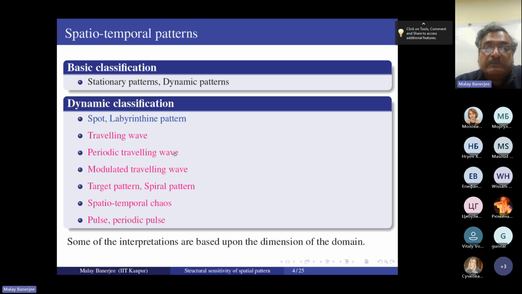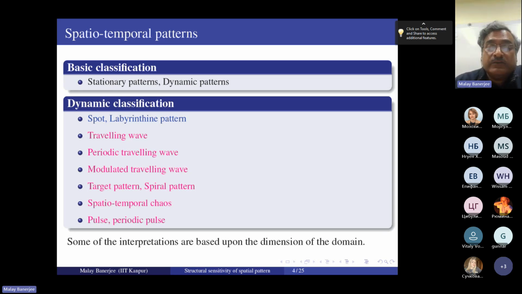Suppose we are considering a reaction diffusion equation model, and in one-dimensional space, if we have periodic traveling wave, one can ask the question with the same parameter values, instead of one dimension, if we consider that space as 2-dimensional, what kind of pattern do you expect?